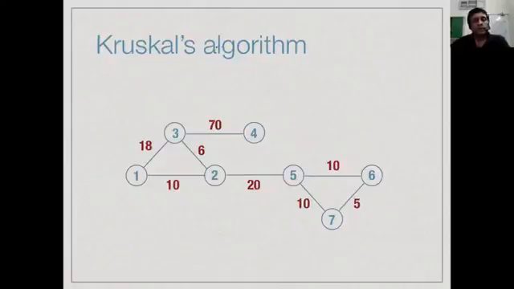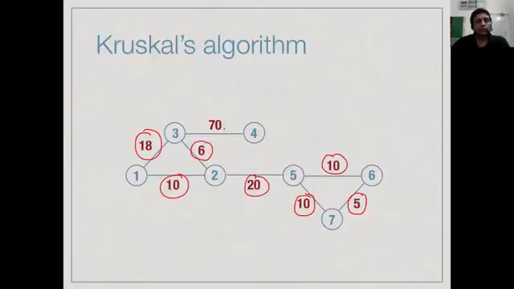So let's look at the same example that we saw for Prim's algorithm. So here the smallest edge weight, so remember that we have sorted the edges. So 5 is the smallest, then 6, then we have 3 of weight 10, then we have 18, then we have 20, and then we have 70. Okay. So now if we pick among these the smallest one, we start with the edge 5.